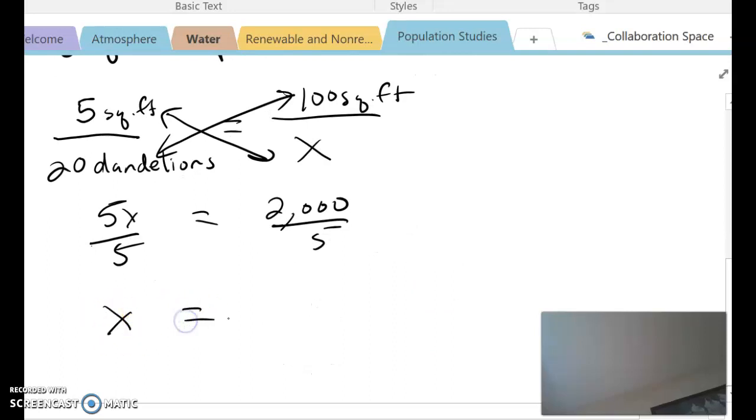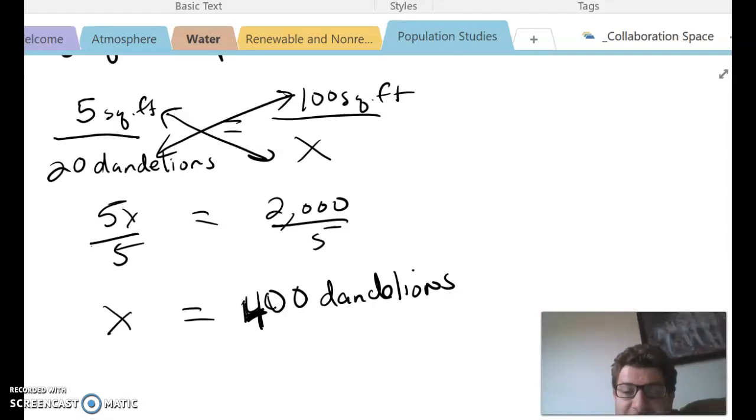X equals, which would be 2,000 divided by 5. You're allowed to use a calculator. 2,000 divided by 5. There are approximately 400 dandelions in this 100 square foot area, okay? And that helps because we don't have to count them all. It's just an estimation. And if things move, it's not always a great count.